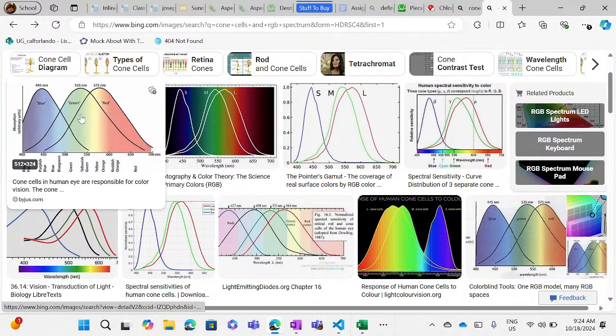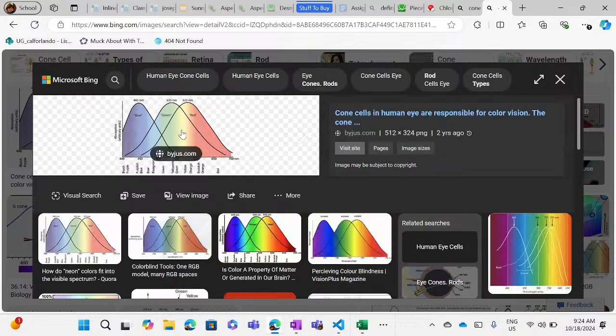What we call our red sensor sees very similarly to what our green sensor sees. But if you want to make yellow light, quote unquote, you will trick the eye if you shine green light and red light together, because your eye can't tell the difference between real yellow light and a combination of green and red light, but there is a difference.